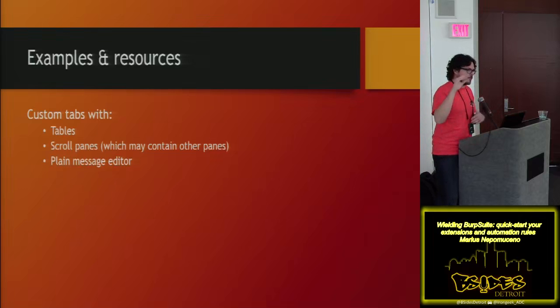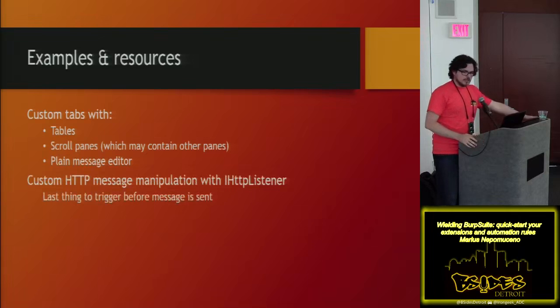If you want your tab to show different information just like BurpSuite does it, but in a different format, have a regular message editor for that. You can use HTTP Listener for custom HTTP message manipulation. Again, it's the last thing to trigger right before the message leaves BurpSuite. And it allows you to do some funny things.